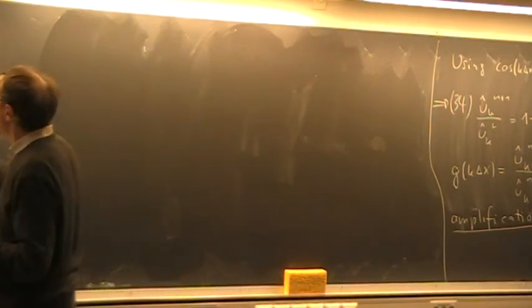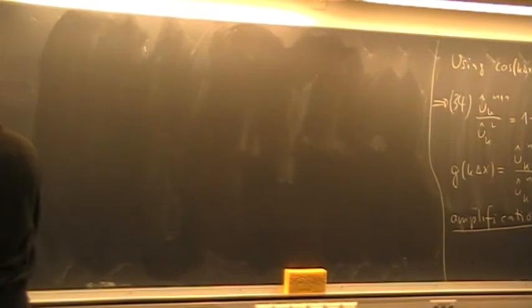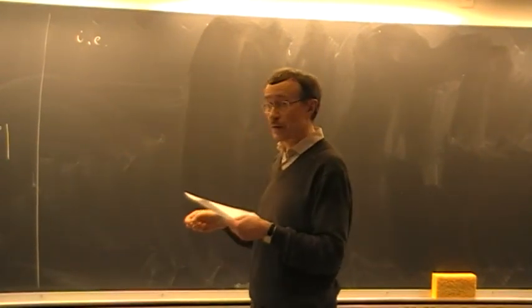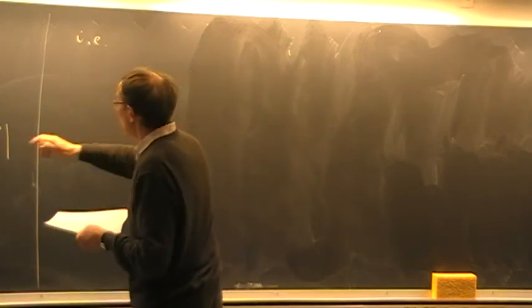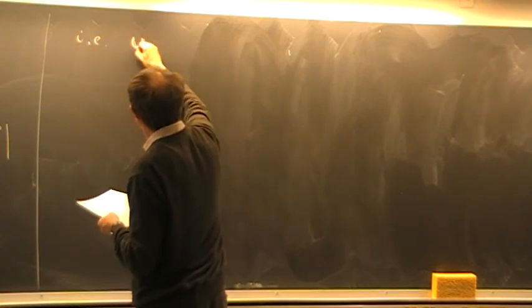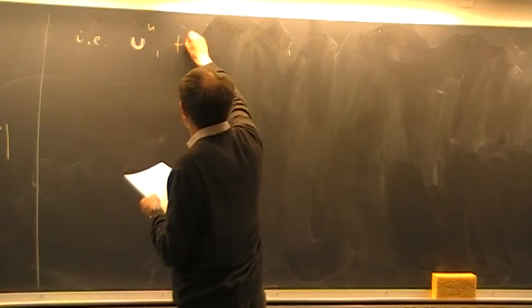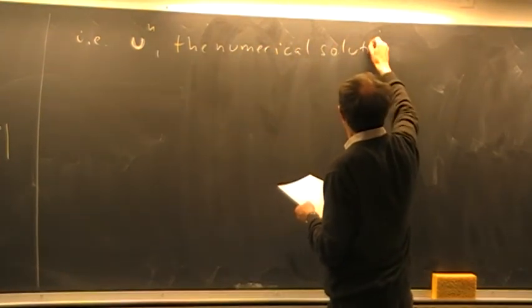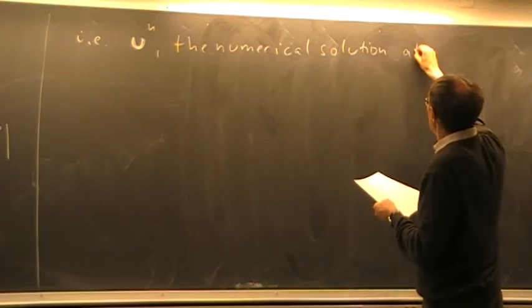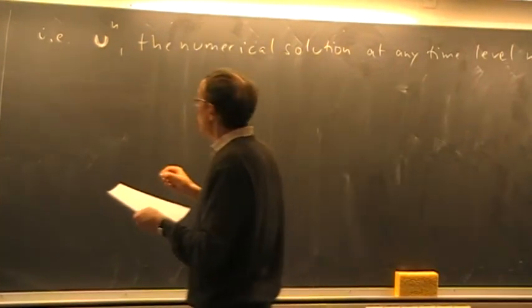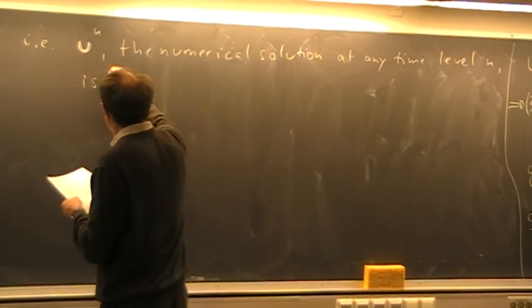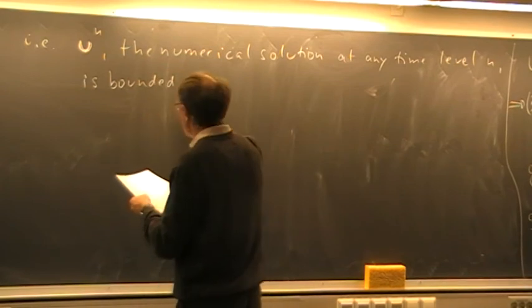So let's write that. If we have this condition satisfied, that the amplification factor in absolute value is smaller or equal than 1, we have this situation, then the numerical solution, I write it, the numerical solution at any time level n is bounded, that is the explanation of this, is bounded by its initial condition.